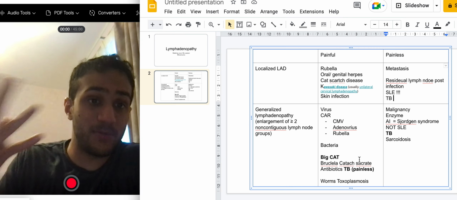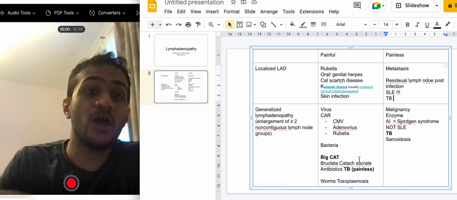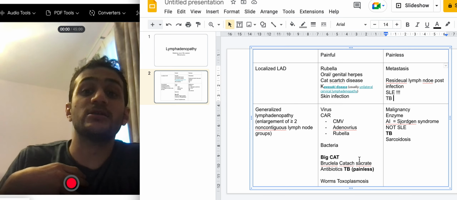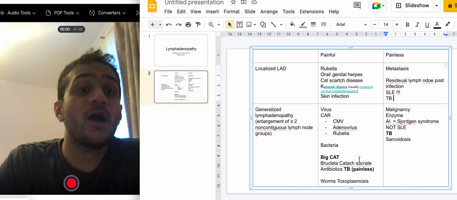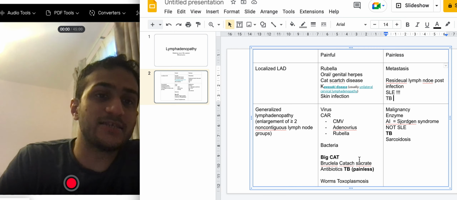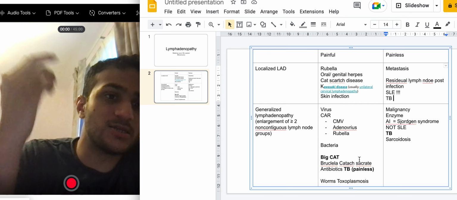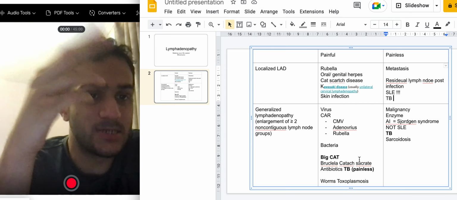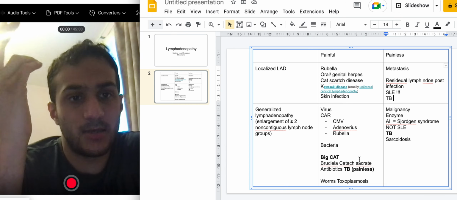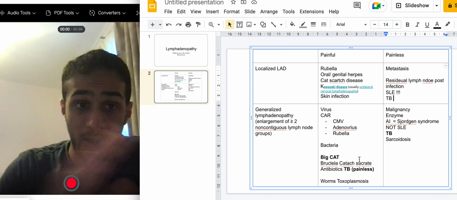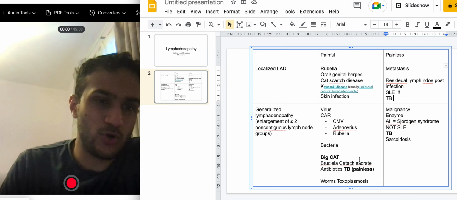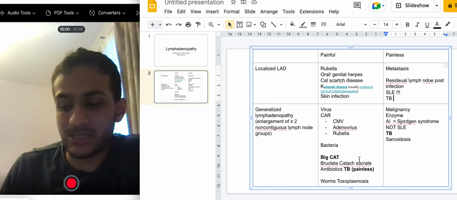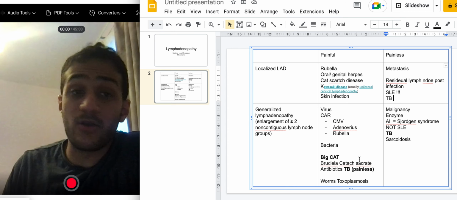A big cat is going to be the cause of my lymph node. Then brucella, bartonella, Kikuchi's disease. A is for exceptions, so drugs such as antibiotics, antihypertensives, allopurinol. T is for tuberculosis. I said tuberculosis, but please, it's not painful, it's painless. And then worms, mainly toxoplasmosis, maybe learn schistosomiasis or malaria as well.